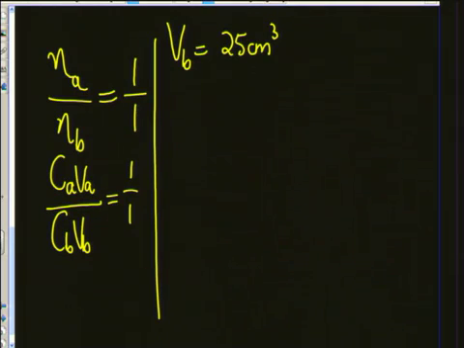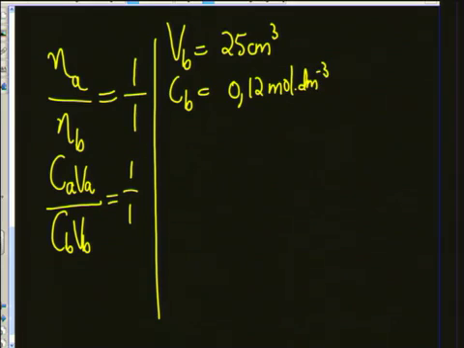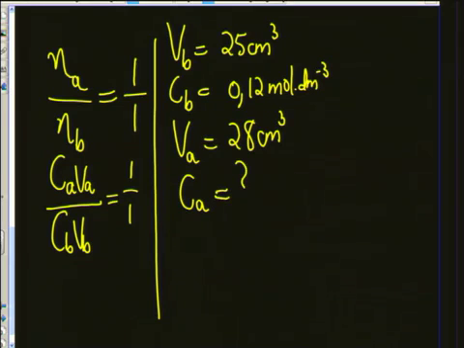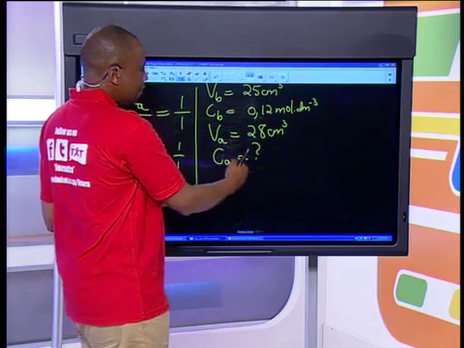And the concentration of the base we calculated is 0.12 mole per cubic decimeter. And the volume of the acid is given as 28 cubic centimeters. But the concentration of the acid, they want us to find that. And from here, we will be able to find that.